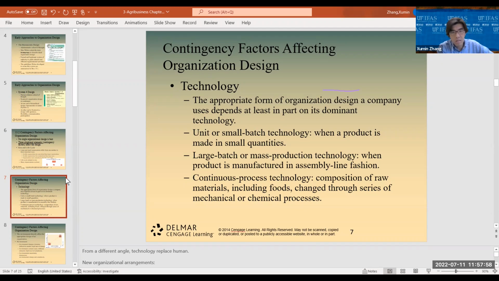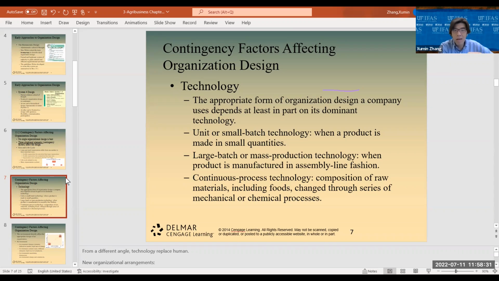Let's say we use low technology or high tech. We call this small batch technology, simple and small batch, or a complicated high technology used for mass production, assembly lines.